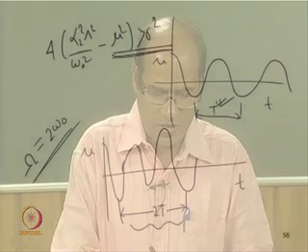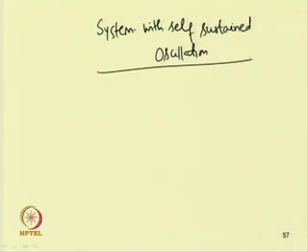So, let us consider another case, in which we have the system with self sustained oscillation. In this case the equation is similar to that of the van der Pol equation.